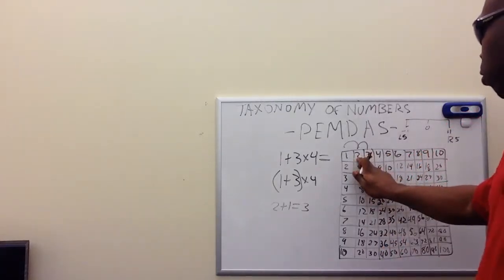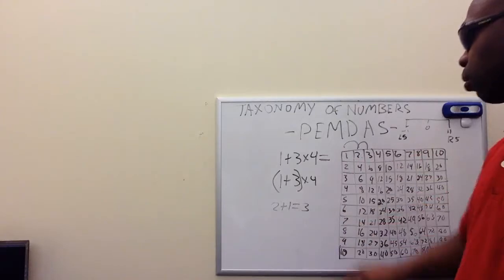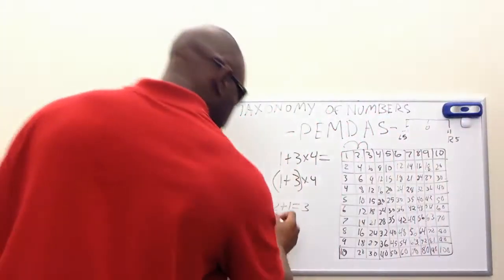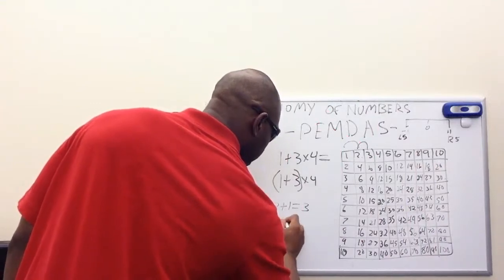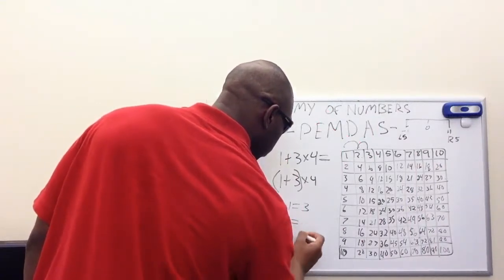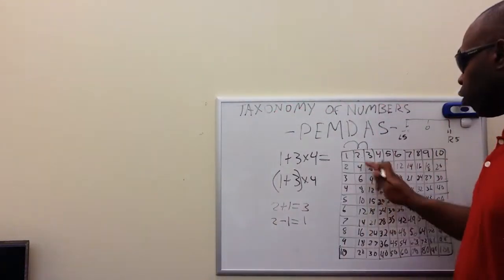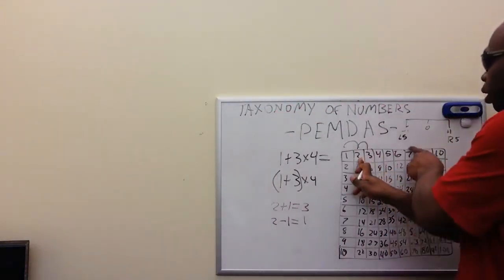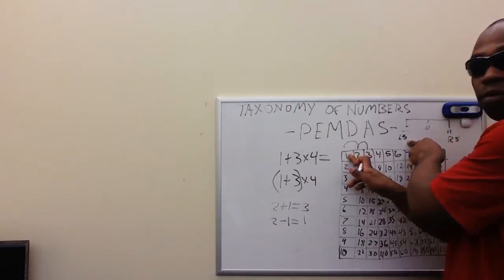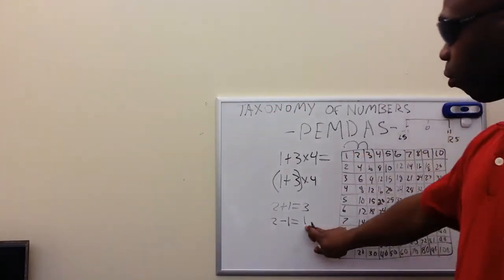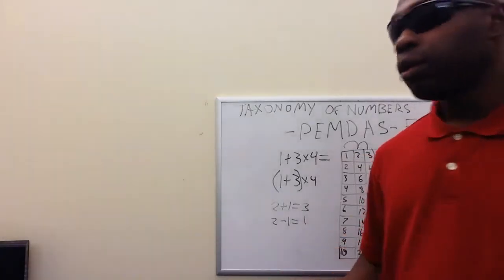So 2 plus 1 equals 3. If I was to say 2 minus 1 equals 1, then I'm saying that I'm going to start at 2, and because it's a negative value, I'm going to inherently move left 1 to arrive at the destination of 1.